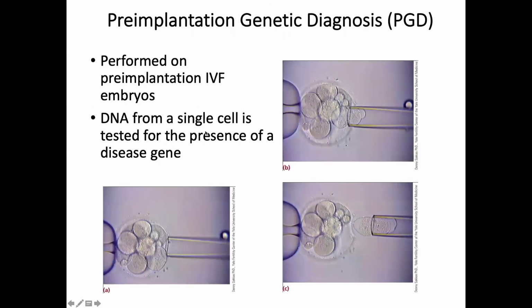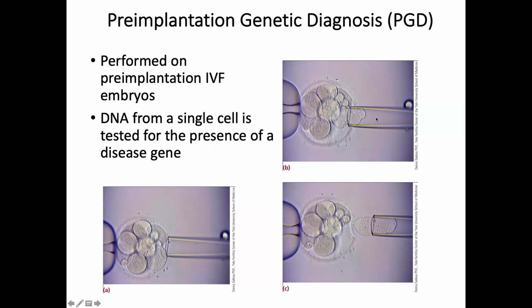This slide shows you how PGD is performed on an in vitro fertilized embryo. This procedure is done under a specialized microscope. First, a single cell needs to be removed from a day 3 embryo for genetic analysis. On the left is a holder to stabilize the embryo.